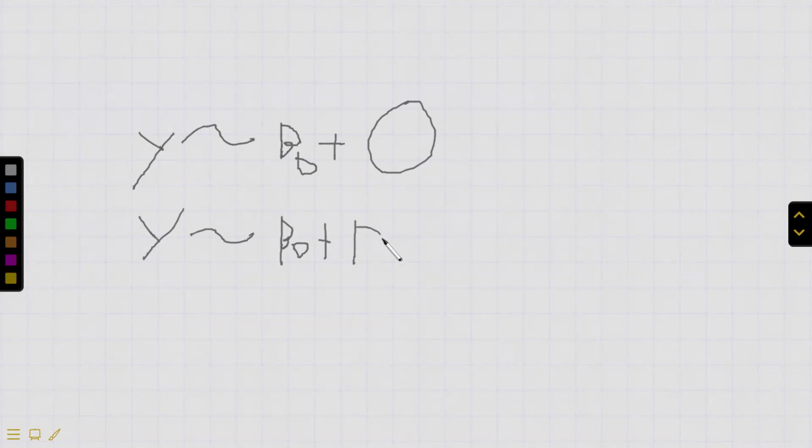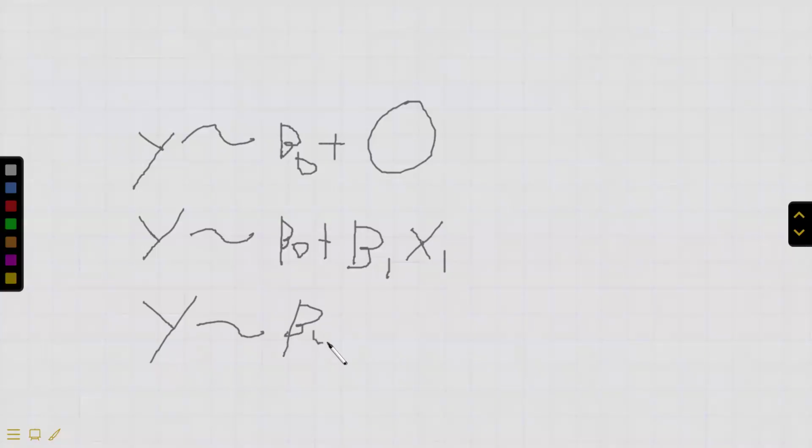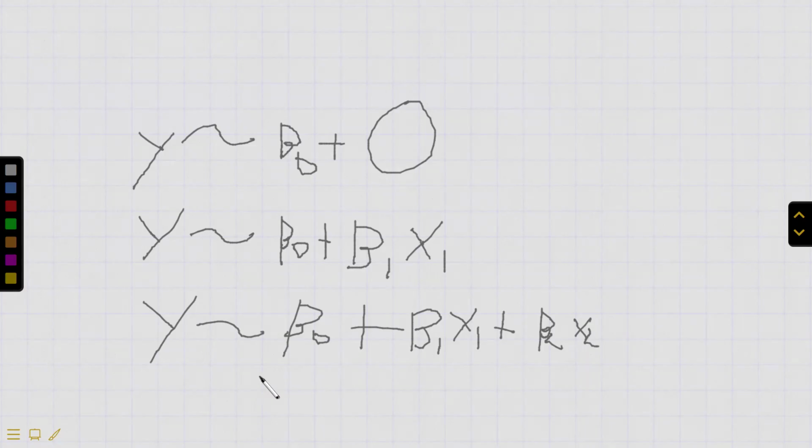So in this case, you have beta sub 1 and x sub 1 here, right? And then the next model will have another one. Beta sub 0, which is the intercept, plus beta sub 1 x sub 1. Okay. You have the previous variable and then the other, which is going to be beta sub 2 x sub 2. And the next one is going to have another predictor, and another predictor, and another predictor. In other words, you are building up the model.